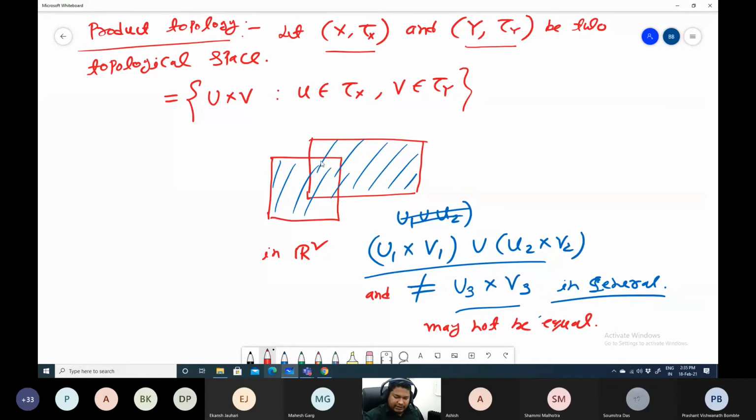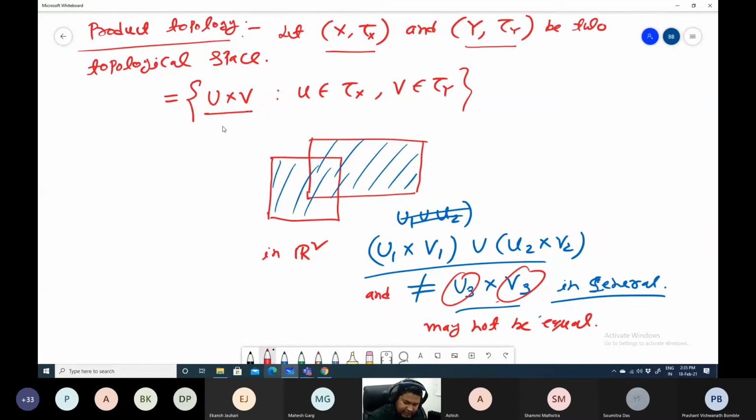Because if you take this kind of set and this kind of set, their union cannot be written in this form, because this form should be a rectangle. Okay, so therefore only this collection does not form a topology.